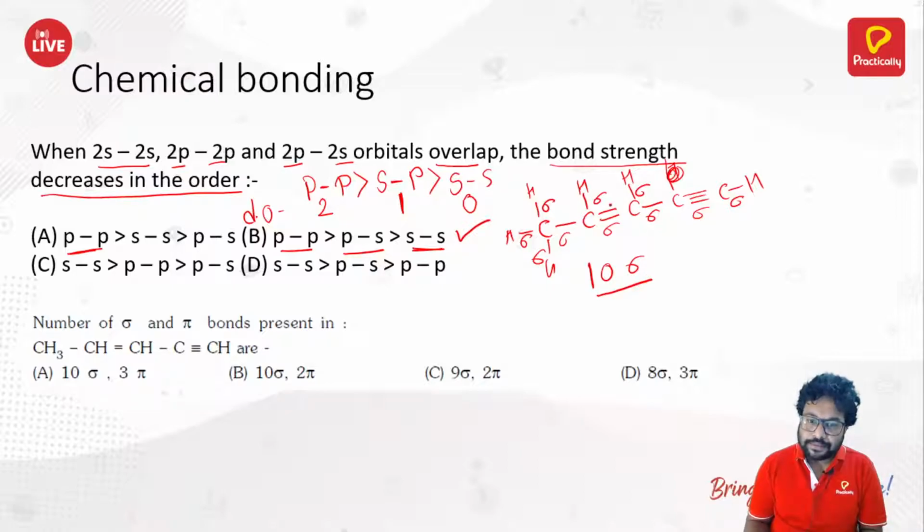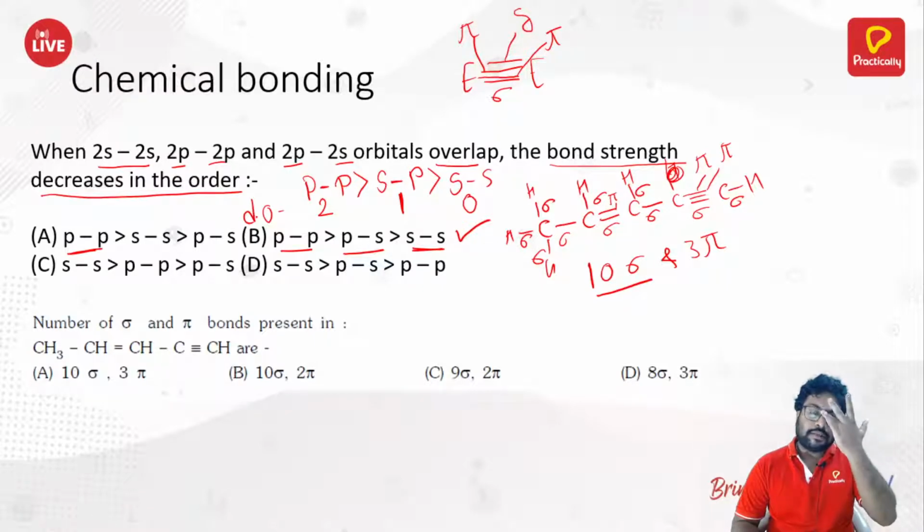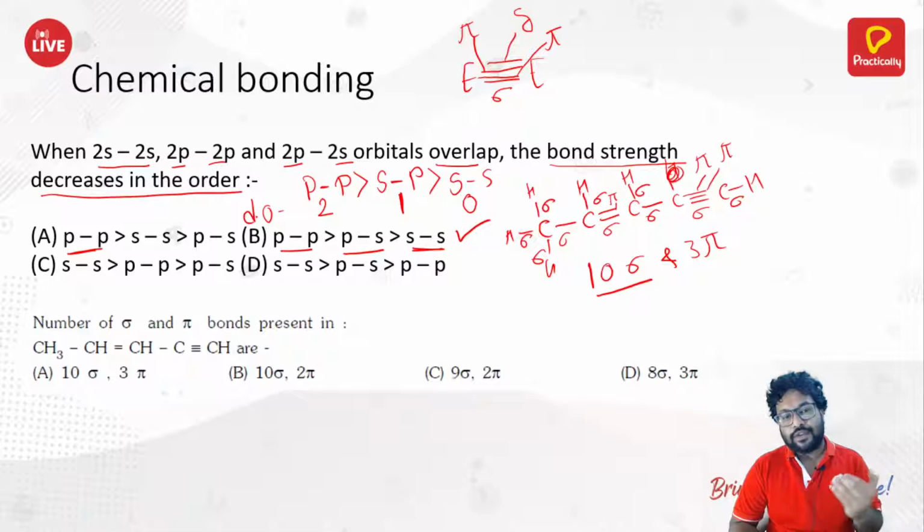And how many pi are there? This one is pi, right? Then you have 2 pi here, this one and this one. So basically you have 10 sigma and 3 pi. Always remember, whenever you have multiple bonds between two elements, the first bond is always sigma, the second bond is pi, the third bond is also pi, and if you have a fourth bond, that is delta.